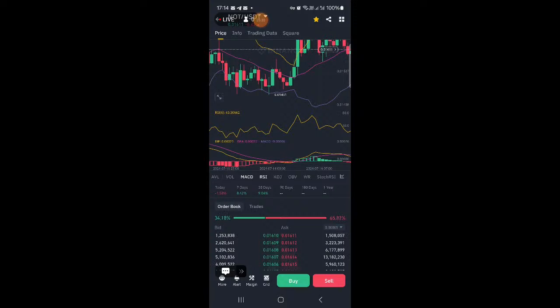It will be spread across the number of times that you have made the purchase of the coin. So that is my strategy, the strategy I use to approach the spot market using these three indicators.